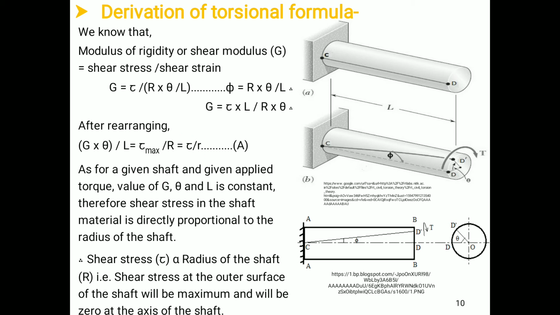So remember that the value of shear stress is a function of radius r. Therefore we have written this equation in this manner: G theta upon L, which is equal to tau maximum upon capital R, because the shear stress will be maximum at the outer fiber. Therefore shear stress will be maximum when r is at its extreme end, and which is equal to tau upon r.